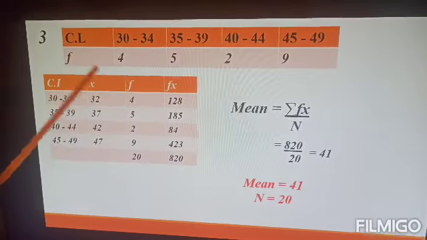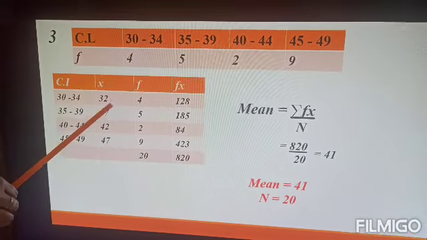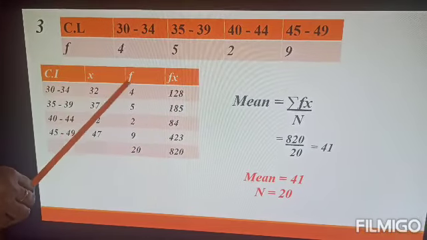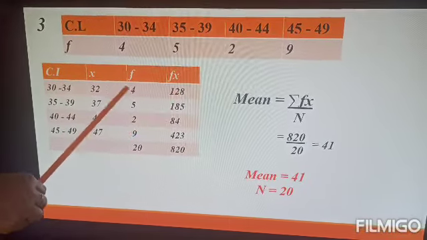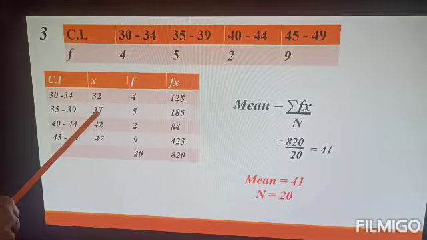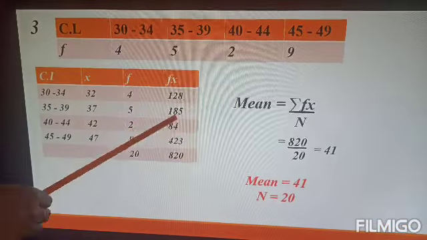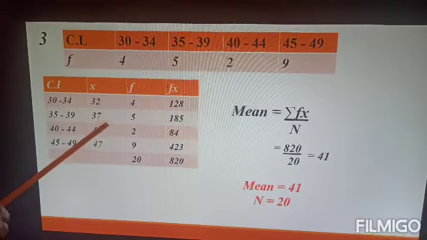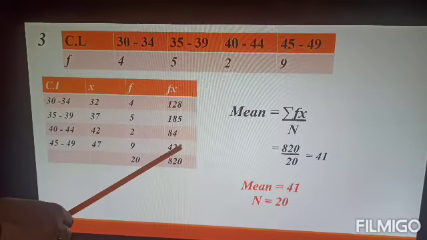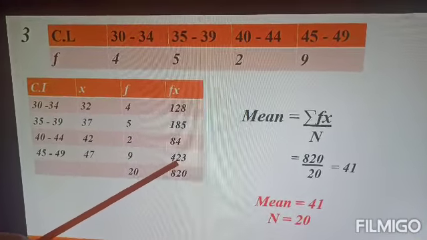X column we got. Now f they have already given. These two columns, x and f, we multiply and we get the fx column. 32 into 4, 128; 37 into 2, 74; 42 into 3, 126; and so on down the column.